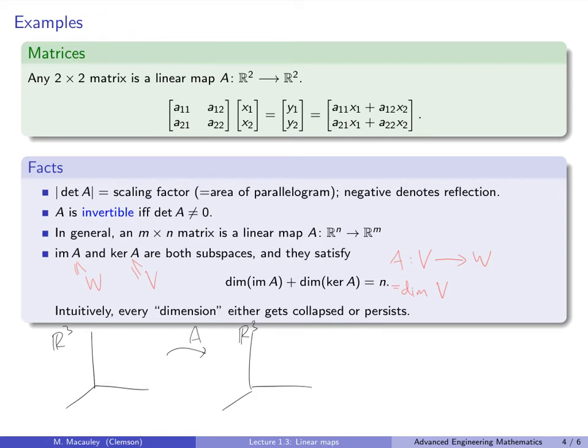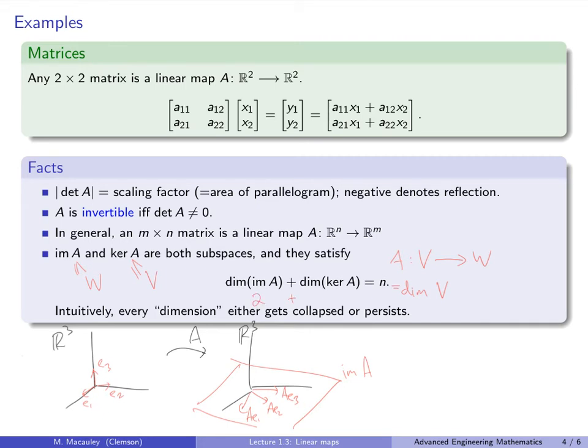This is A, and here's E1, E2, and E3. Let's make this easy. Let's suppose that these three vectors get mapped to AE1, AE2, and AE3. Let's say that these things get mapped to a plane. So let's look at this equation. The image of A, in this case, is two-dimensional.